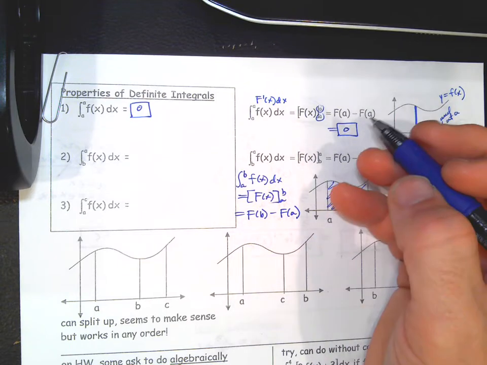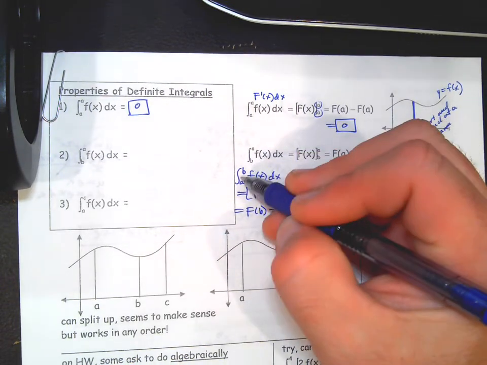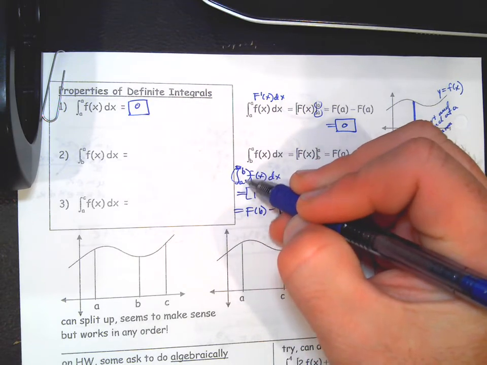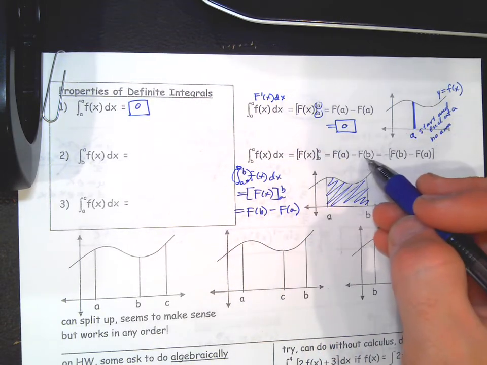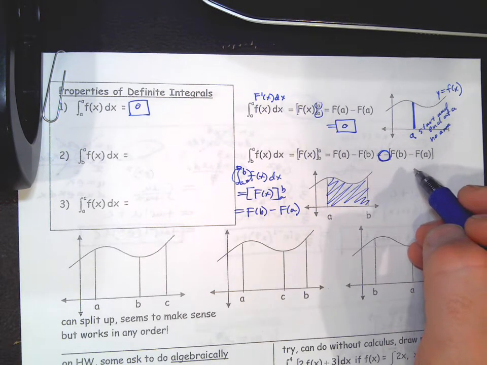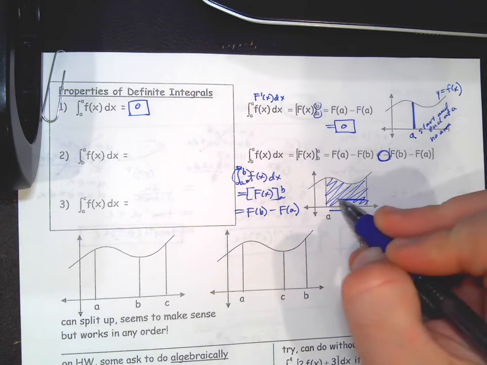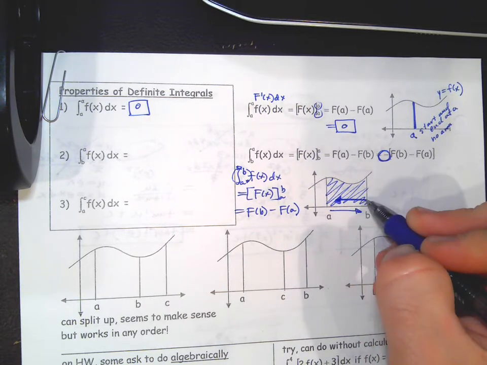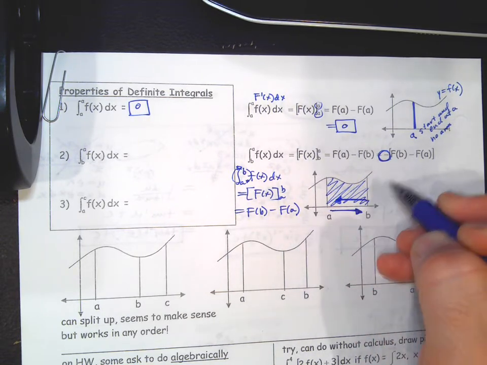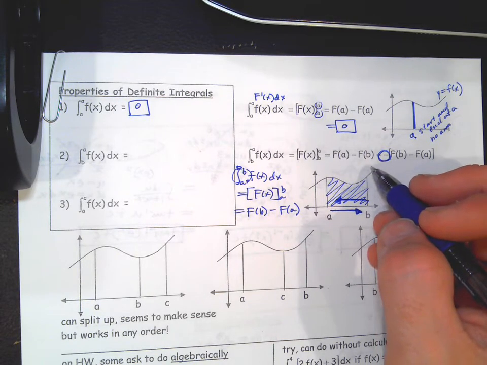But if you flip the limits, you're going to get the same answer, except it's going to be negative, which you can think of as, instead of going forwards, you're going backwards. So you get the same value, the same area, but the opposite sign because you're going backwards.